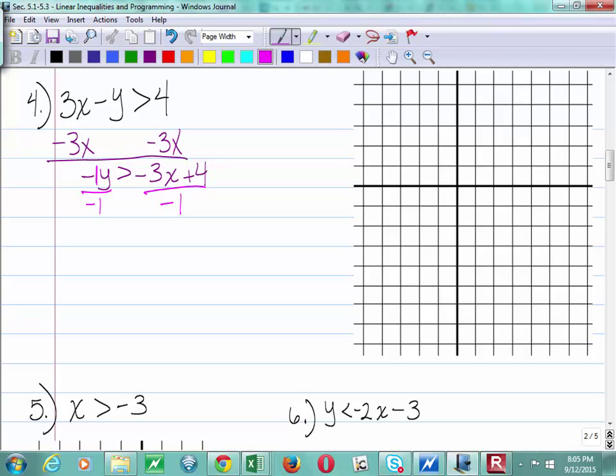Whenever you divide by a negative with an inequality, you have to flip the inequality. So this is going to change from greater than to less than. So it's going to be y is less than 3x minus 4. When you divide by a negative number with an inequality, you have to switch the inequality symbol.